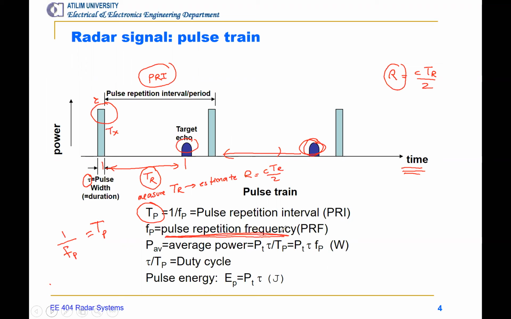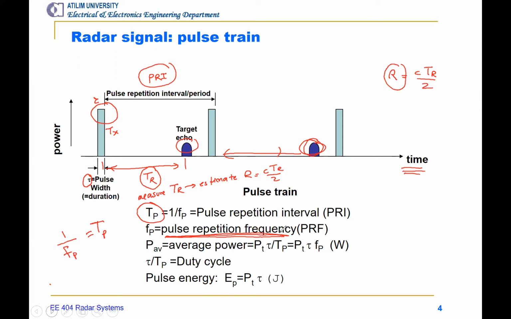So then that's quite easy. If I know the pulse repetition frequency, I know the PRI, the pulse repetition interval. They are inversely proportional. So whenever we talk about a radar system, we might use either PRF or PRI. And we know that one can be obtained from the other easily. So it's better to use just one, PRF or PRI.